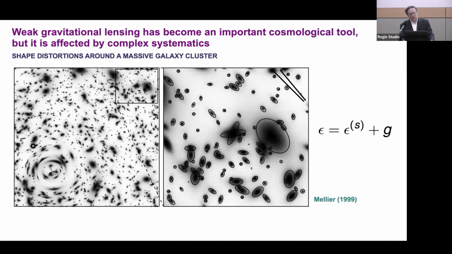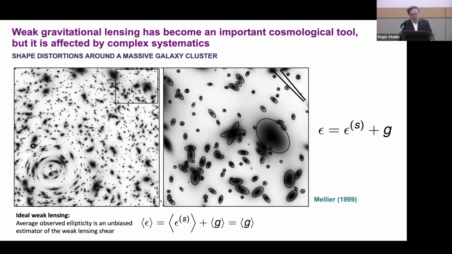And now the idea of weak gravitational lensing analysis is basically to take an expectation value of this equation, and you can measure the observed ellipticity in a field, take the average ellipticity of that, and then take the average ellipticity of the sources and of the gravitational shear. And if the galaxies are randomly oriented, then this term would be 0, right? You then measure directly the gravitational shear. That is more or less the concept of weak gravitational lensing.